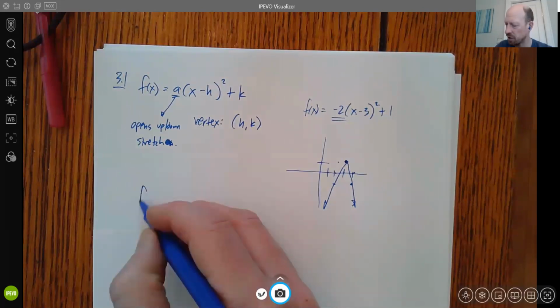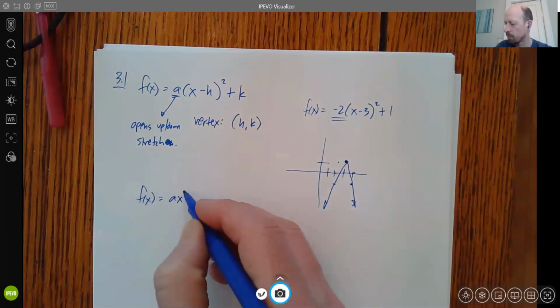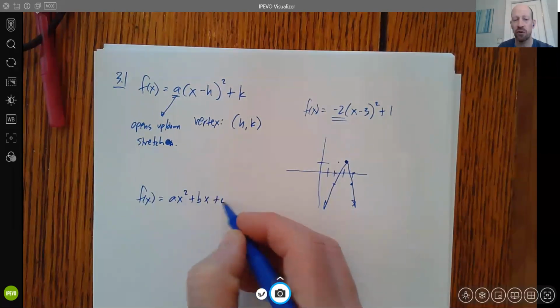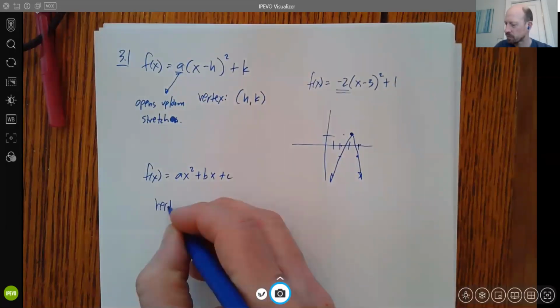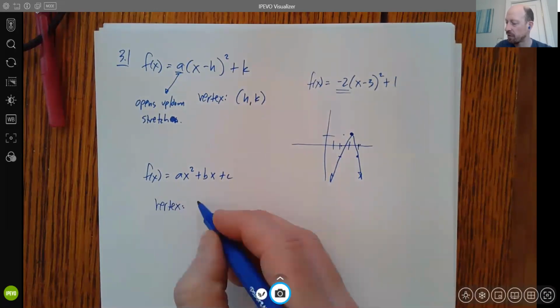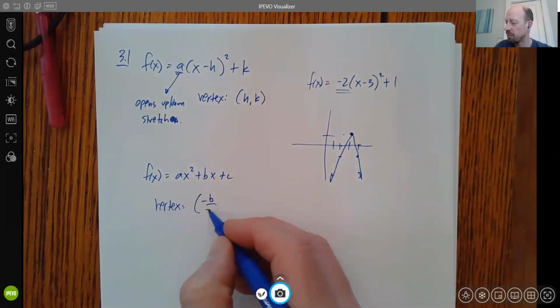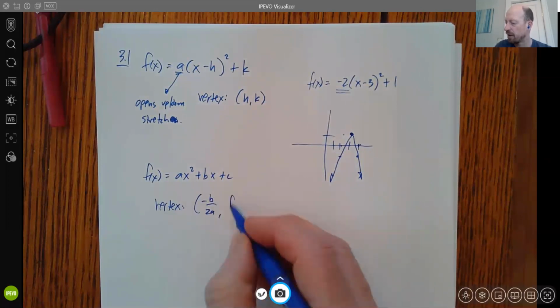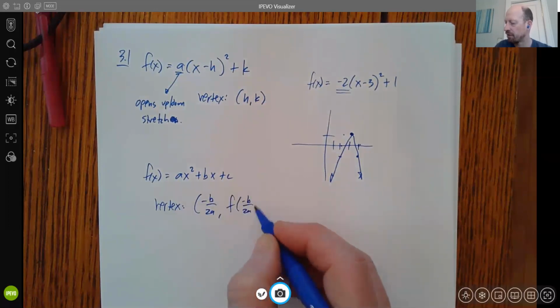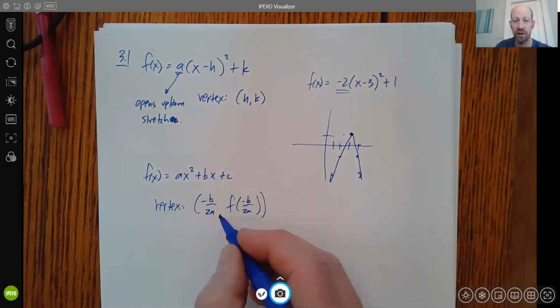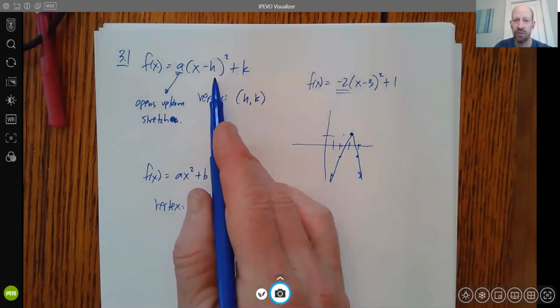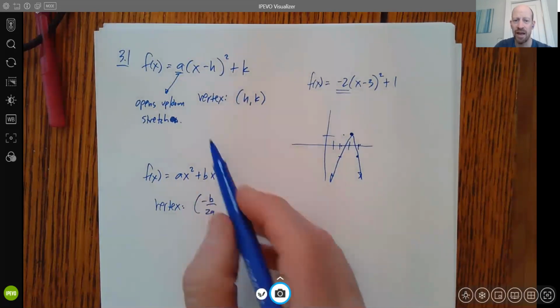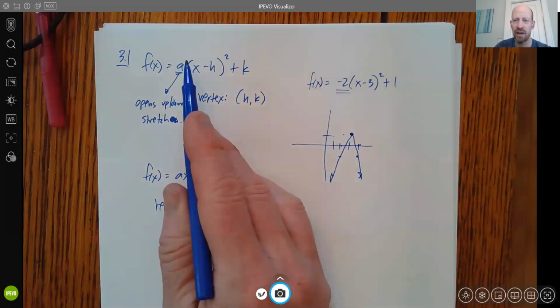Remember, it's worth mentioning, if you have a quadratic written like this, the vertex is at x = -b/(2a), and then the easiest thing is to put whatever number you get there into the function to find the y value. That will tell you the vertex, and the a here is going to be the same as the a here.